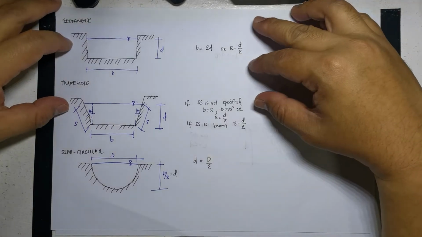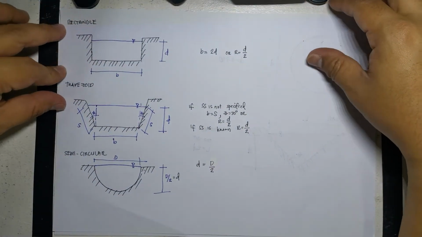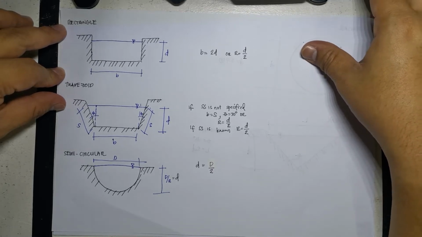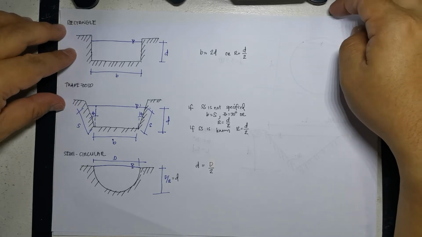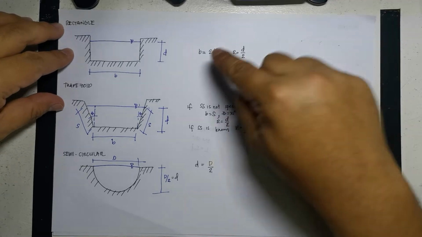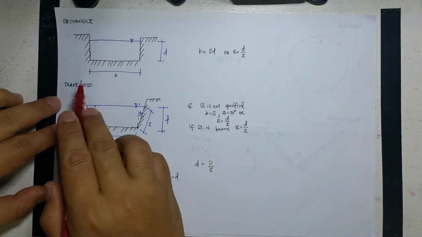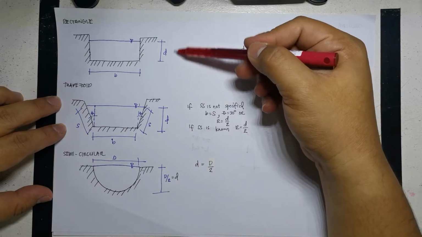Let's start with the rectangle. If your channel is rectangular, the most efficient section will be when the base is equal to twice the depth of flow.